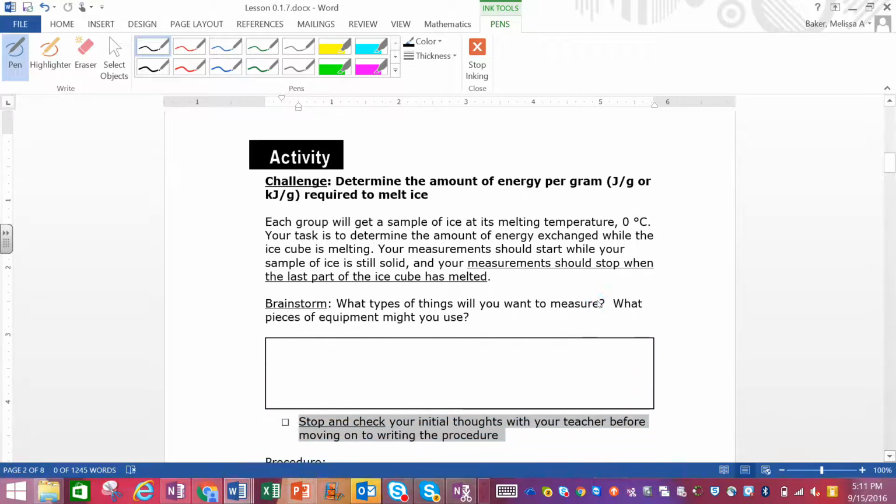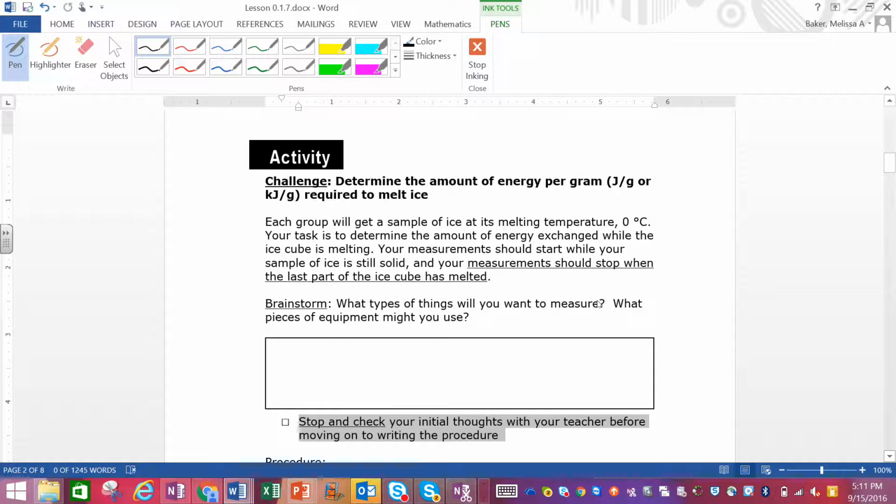What I asked everybody to do for this was to design a procedure, design a way that you can actually figure out how much energy is required to melt an ice cube, how much energy per gram of the ice cube.